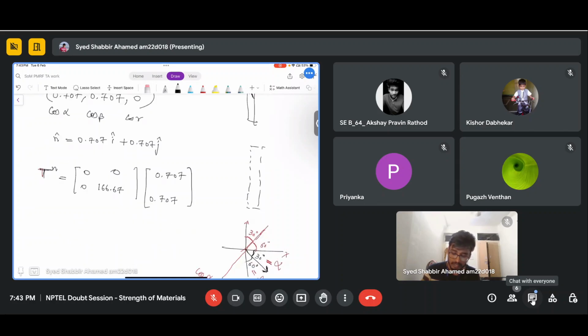So if you multiply this, you will get this thing as 0 and this thing as 117.835.